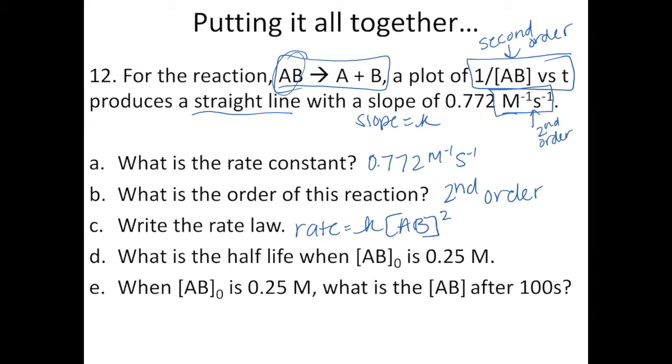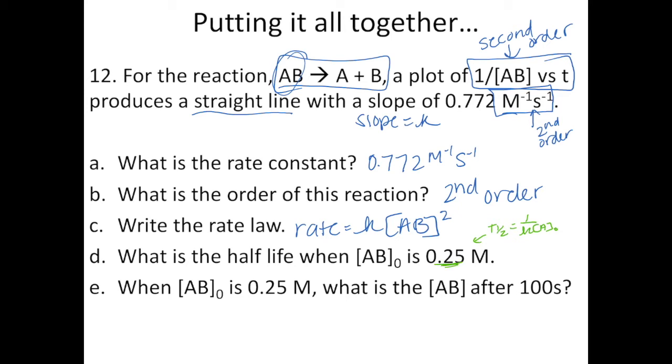What is the half-life when the concentration of AB is 0.25 molar? So I have to look at my equation. All right, I'm going to use my green. My T1/2 for this, because it is second order, is 1 over K times my initial concentration.